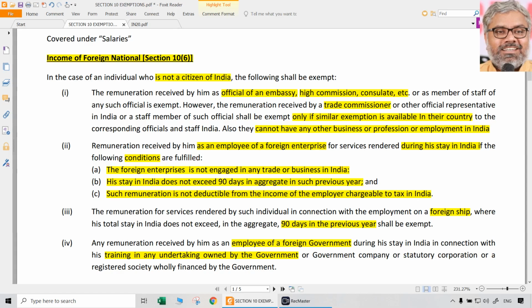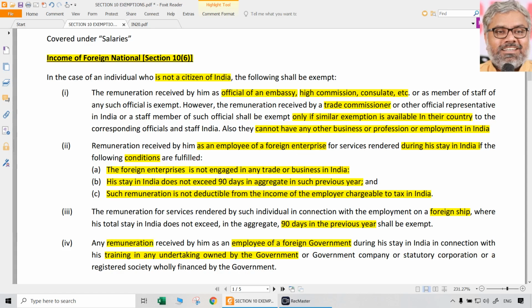We are talking about employees of a foreign government. They came to India for learning, that too training where they are getting training in government organizations. So whatever income they receive during that period of stay in India is completely exempt. That's it. Remuneration, of course, will be exempt during that period of stay in India.